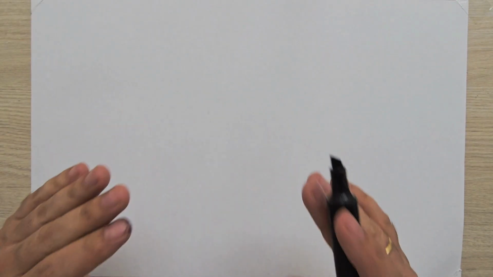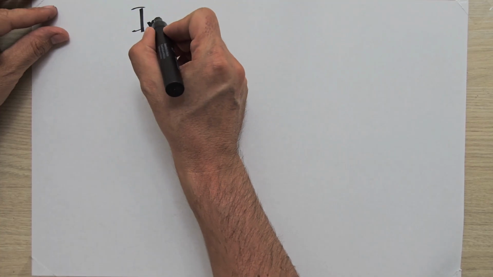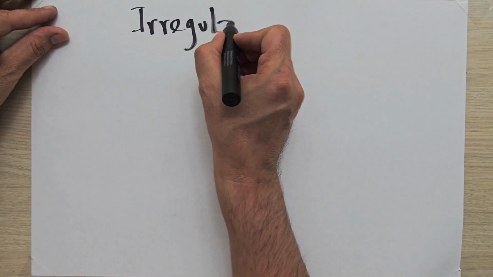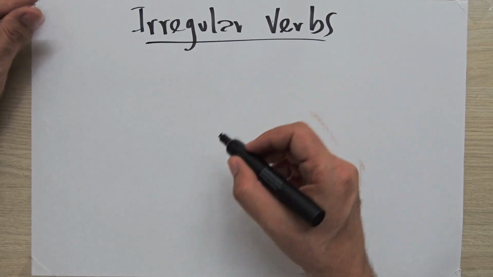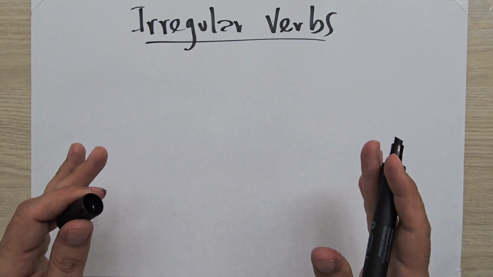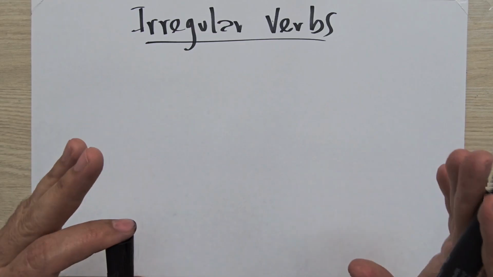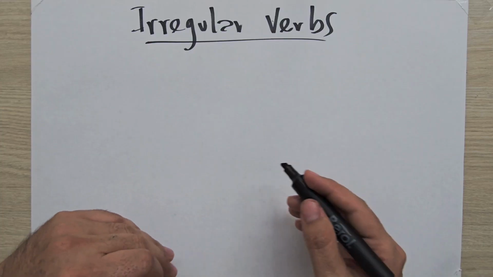And the fourth group of verbs in the simple present are the irregular verbs. There are many groups within this group. I recommend practicing and learning the most common irregular verbs, since not all of them are going to be as important.